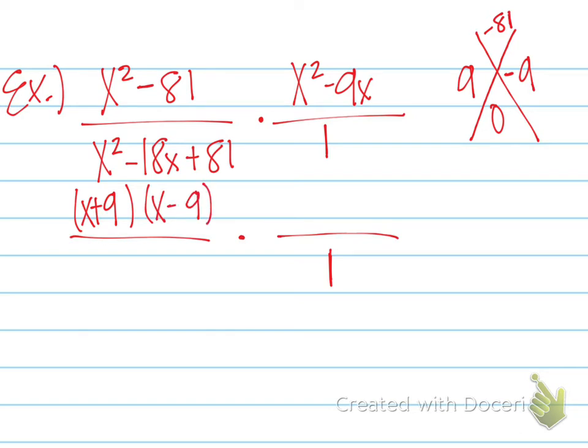Now, if I do the denominator of that first fraction, we have a negative 18 up top, and we have a positive 81. So, if I have a negative in the bottom, but I have a positive up top, both of my factors are going to have to be what? They're going to both have to be negative.